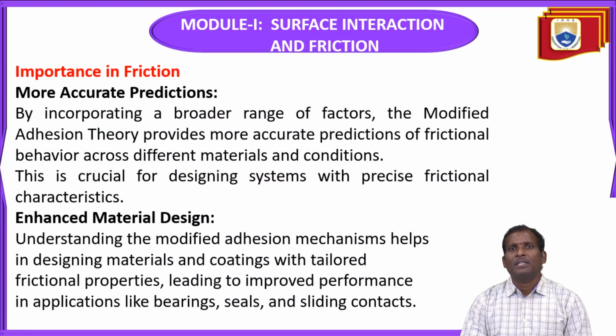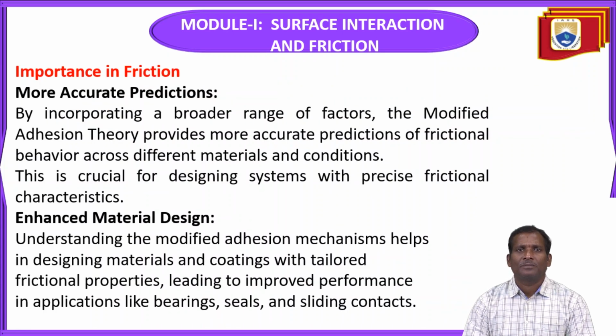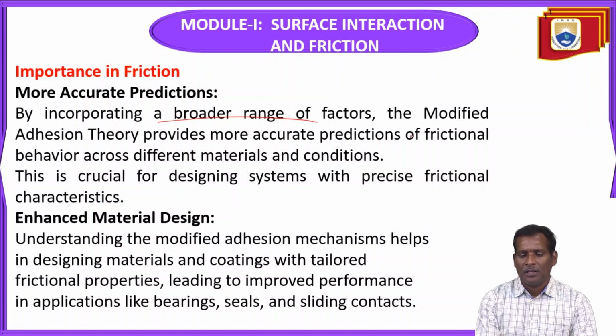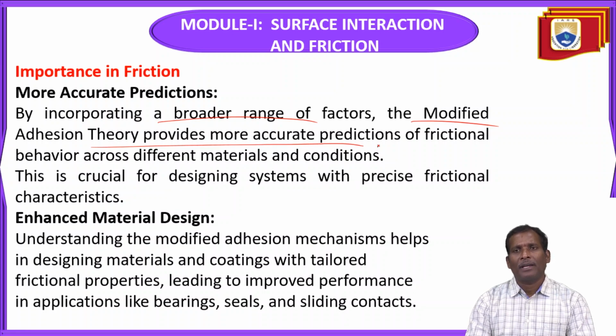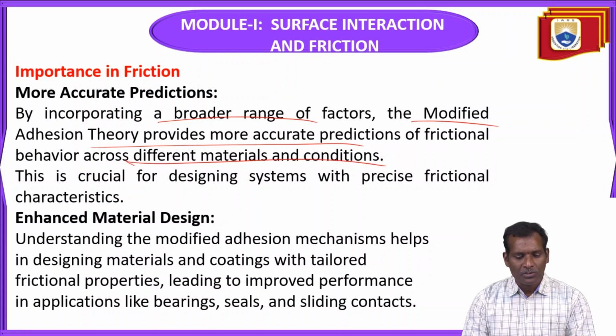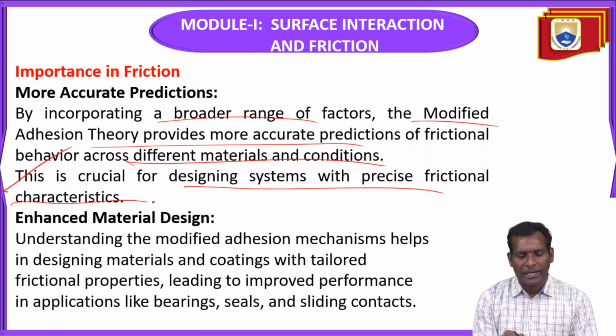So what is the importance in friction? The importance of this theory in friction is more accurate predictions. By incorporating a broader range of factors, the modified adhesion theory provides more accurate predictions of frictional behavior across different materials and conditions. This is crucial for designing systems with precise frictional characteristics.